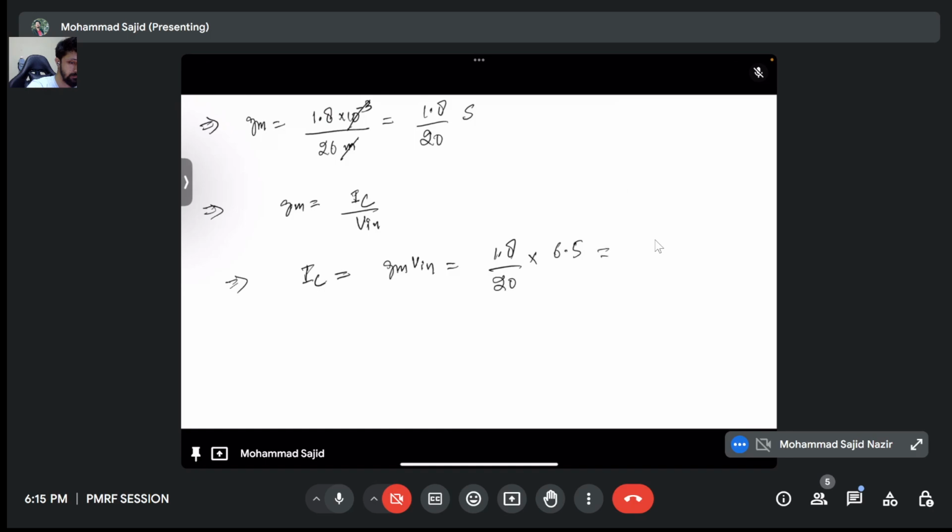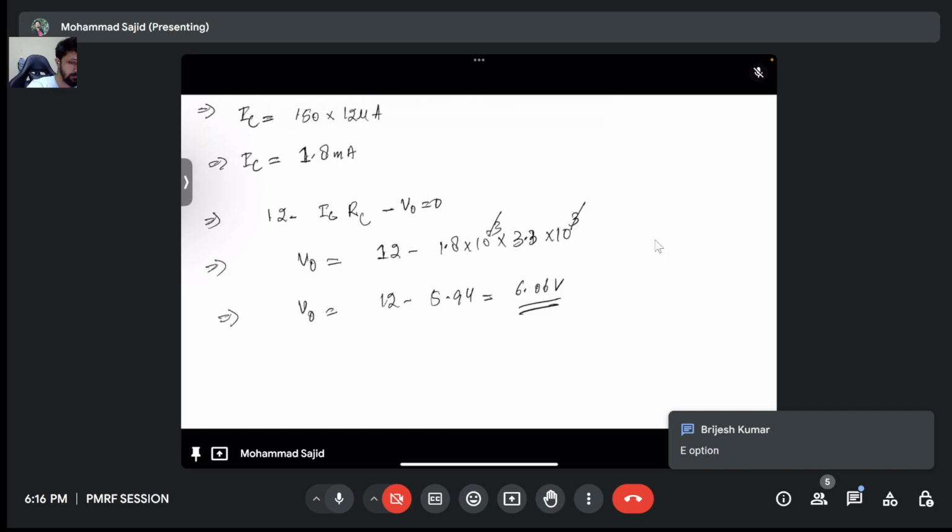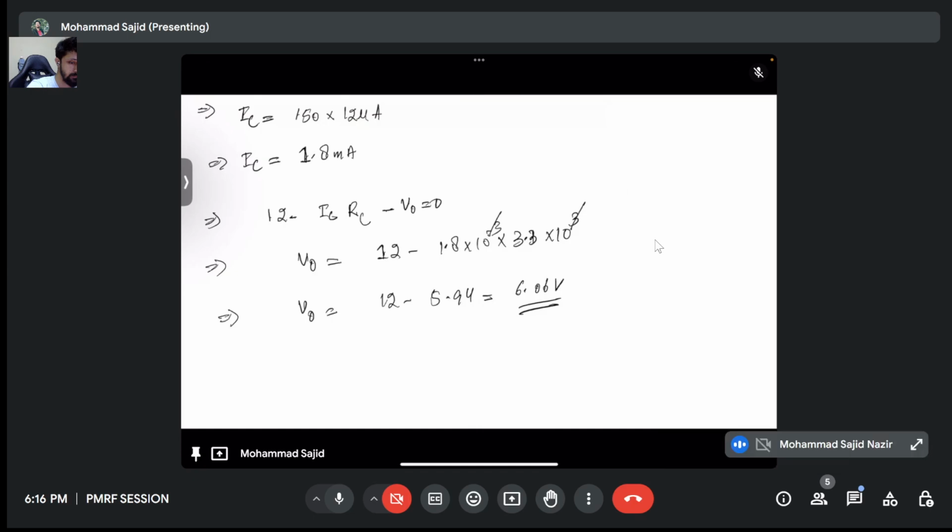This comes out to be 1.8 multiplied by 6.5 divided by 90. This comes out to be 0.58. E option, 450.